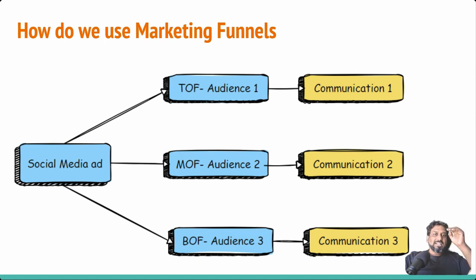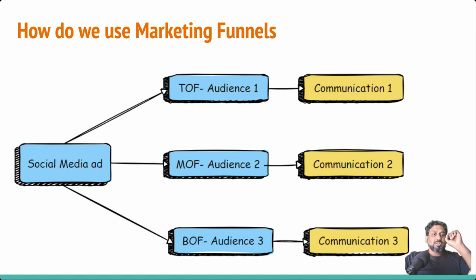When Sam transitions to the next stage, which is audience 2, the middle of the funnel, this is where communication 2 will come into the picture. Communication 2 will be mostly focused on, if you have decided to buy an SUV, these are the features available, these are the different brands which offer an SUV, and these are the advantages and disadvantages of different SUVs present in the market from different brands.